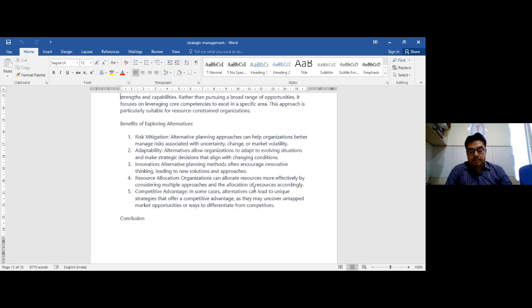So what are the ways in which these alternatives or options can be explored? Now, the first benefit of exploring alternatives is about mitigation of risk.